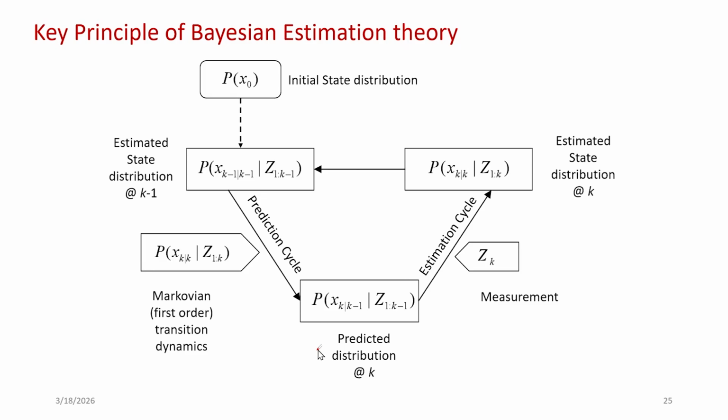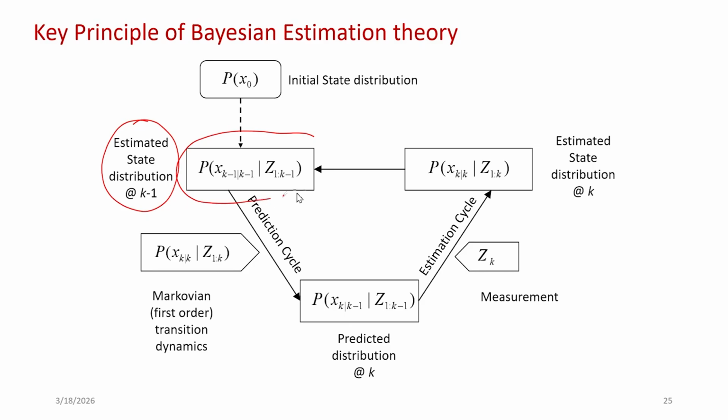Kalman filter is exactly the same as Bayesian estimation theory. Suppose you have two cycles, one called the prediction cycle, another called the estimation cycle. What is the prediction cycle? Obviously, you have an estimated state distribution at t equal to k minus 1.